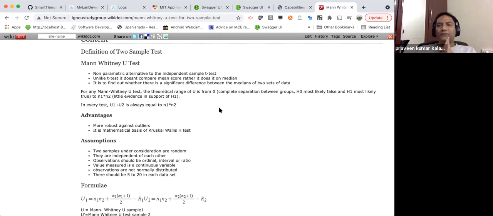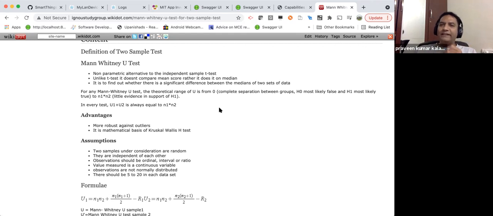There is one thing which is very common across all the non-parametric tests. We talked about central tendency. What is central tendency? Mean, median, mode, if you remember.